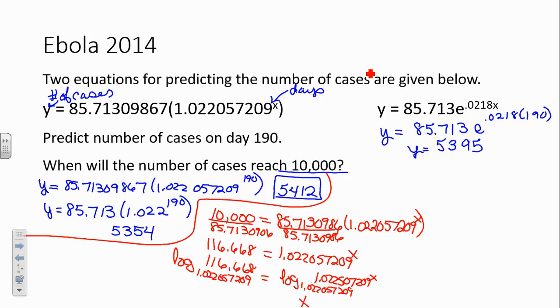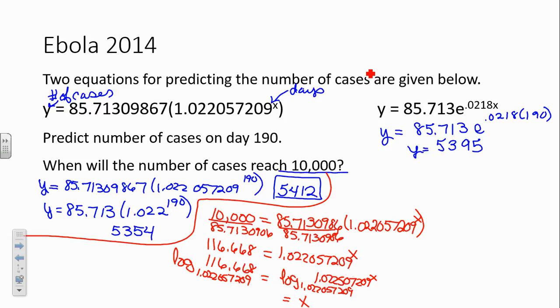On the right side, we just get plain old x. On the left side, we use the change of base formula: the log of 116.668 divided by the log of 1.022057209. So take the log of whatever was in your calculator, close your parentheses, and divide by the log of 1.022057209.